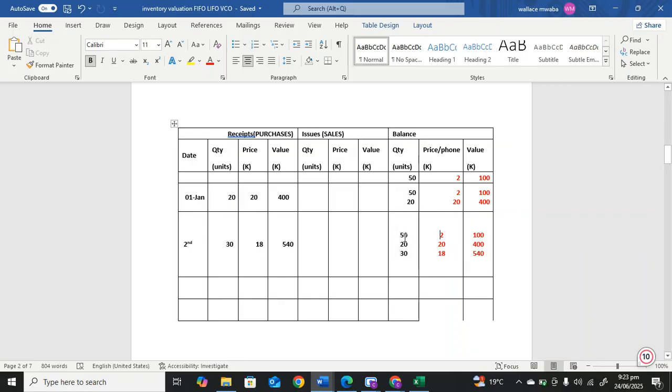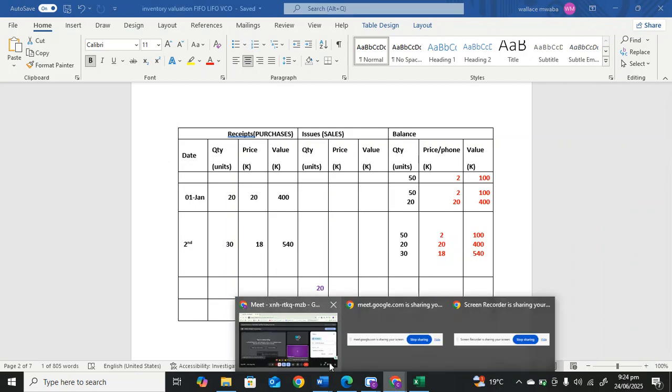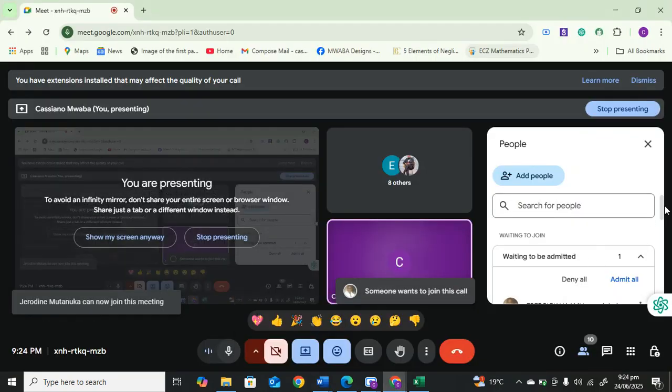It's these 50 units valued at 2 kwacha per unit. So the 20 units that we're going to issue, we're going to value at this 2 kwacha, because remember, first in, first out, the goods that came in first are issued or sold first.